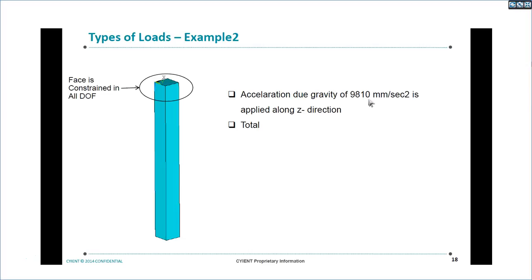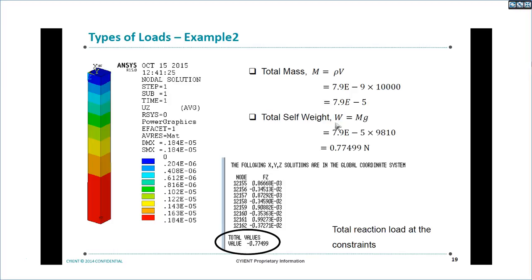So here this face is constrained, and we applied a gravity of 9810 mm per second square. So when you try to solve, we got an axial deflection, meaning deflection along this length, that is this value. So let us understand what is the total weight acting on it.